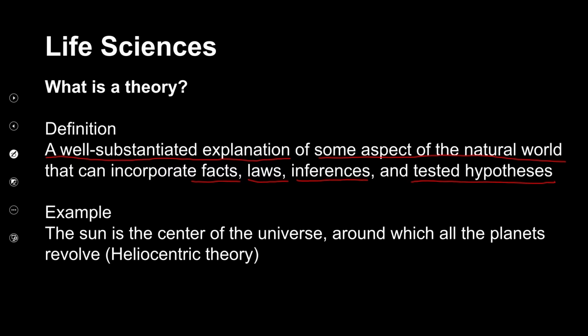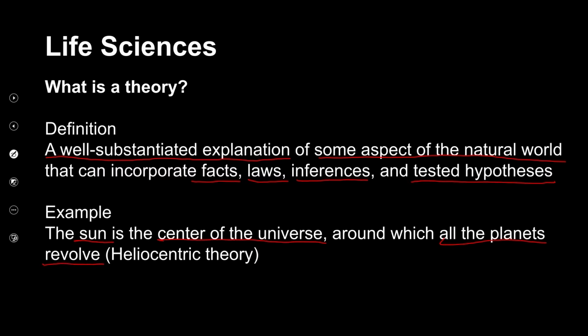If we look at this example, we say, and we accept it, that this is fact, that the sun is the center of the universe. Okay, so everything revolves around the sun, all the planets, including Earth, would revolve around the sun.